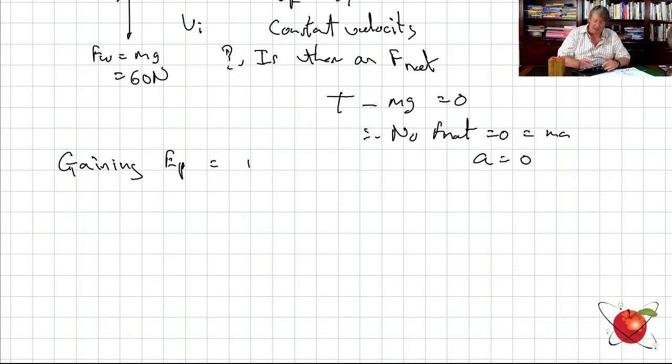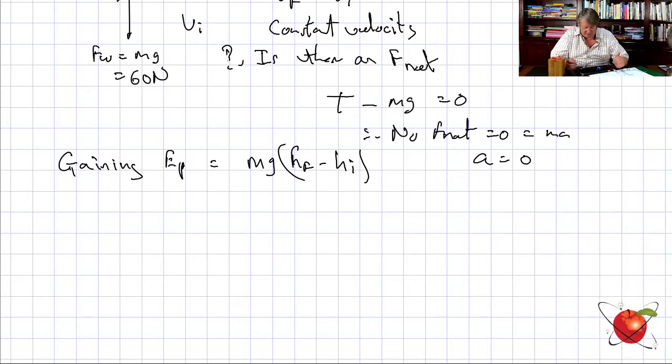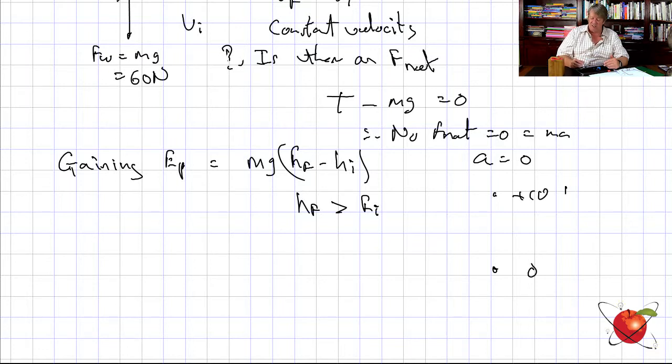Because you're going to have mg times h final minus h initial, and hf is bigger than h initial, isn't it? Why? Let's say I was at 0, and now I'm at plus 10. This is h final, this is h initial. So if I take that, I'm going to get a positive answer. I am gaining potential energy as I move up, all right?